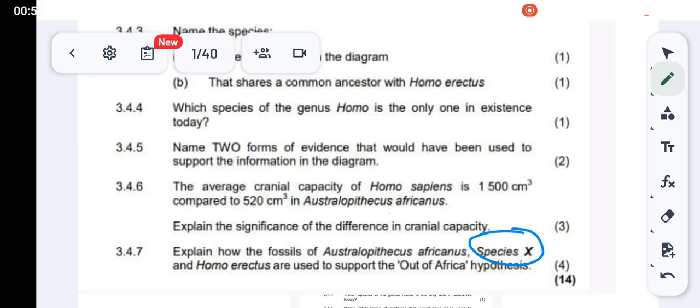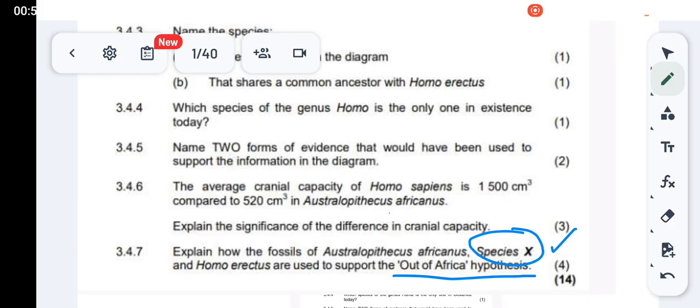erectus, are used to support what we call the out of Africa hypothesis. Now, grade 12 life science learners, it is very important to know how to describe the out of Africa hypothesis. That is for 4 marks. But in this case, they are being specific when they say the fossils of Australopithecus africanus, Homo habilis and Homo erectus are used to support the out of Africa hypothesis.